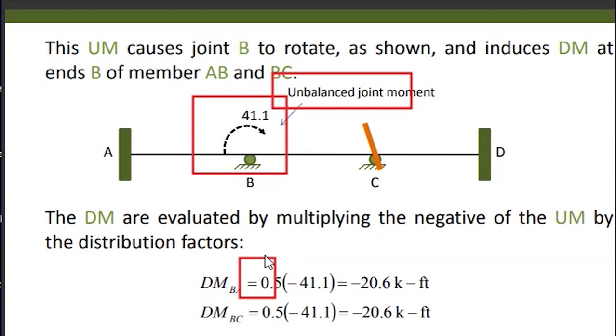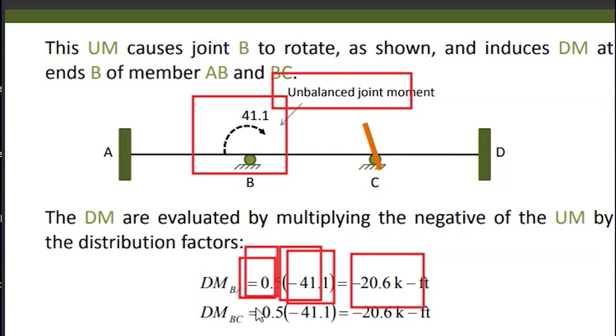Now the value should be opposite, as we said above at joint C. So the same method applies at joint B. Now you take the distribution factor times the opposite unbalanced moment and get the value here. So the same node has 2 members, BA and BC.